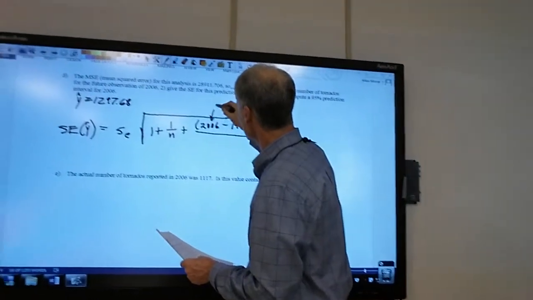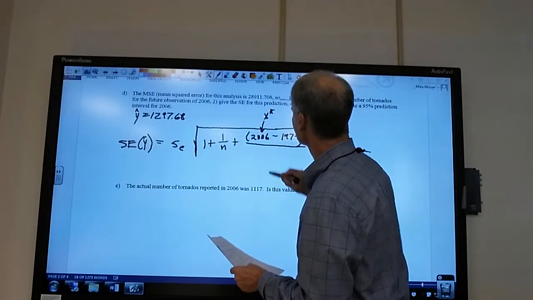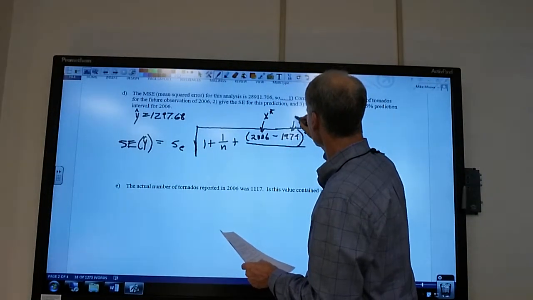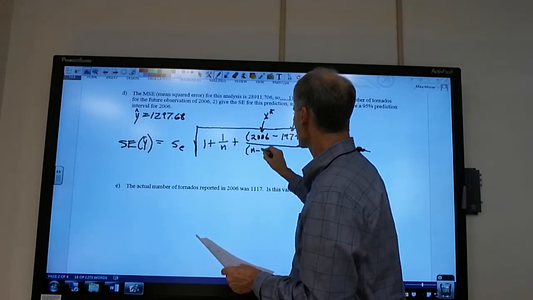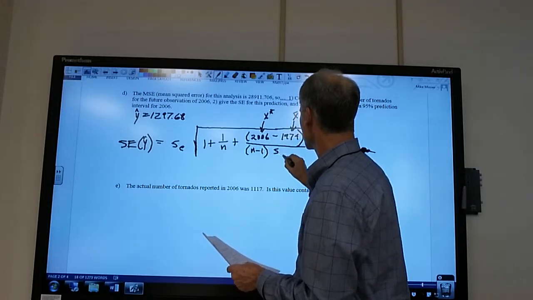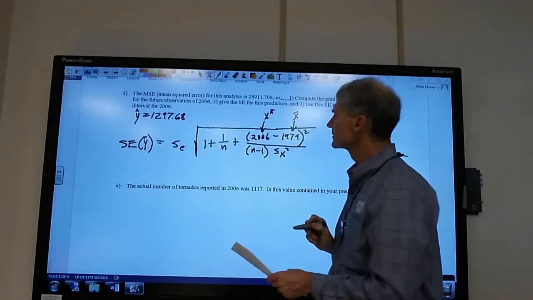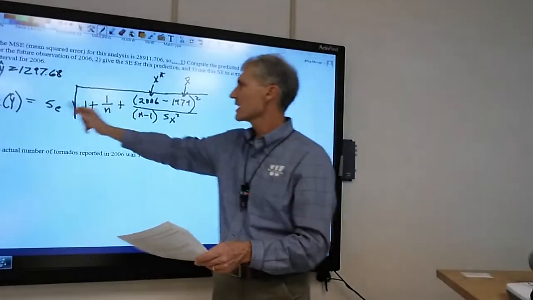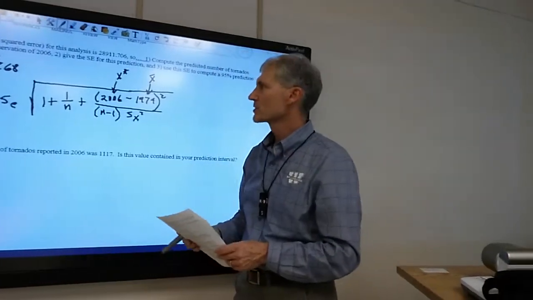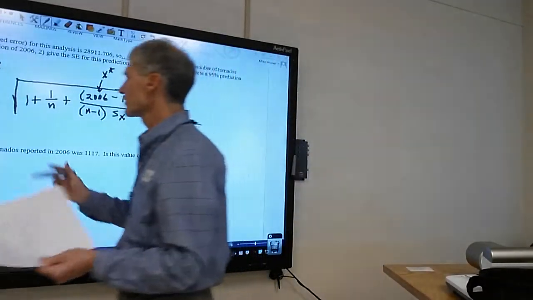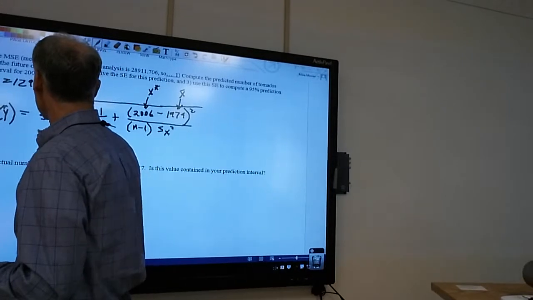So this is x star, and this is x bar. Then on the bottom is n minus 1 times sx squared. What is s sub e? That's the root mean squared error, which is called the standard error of the estimate.